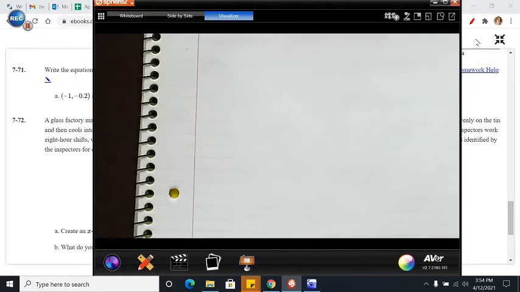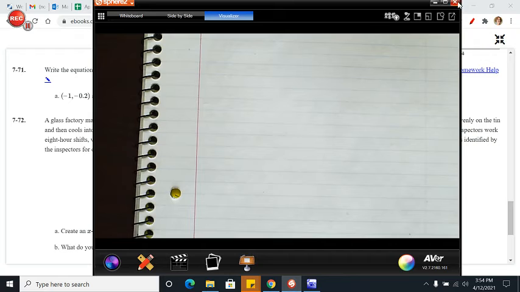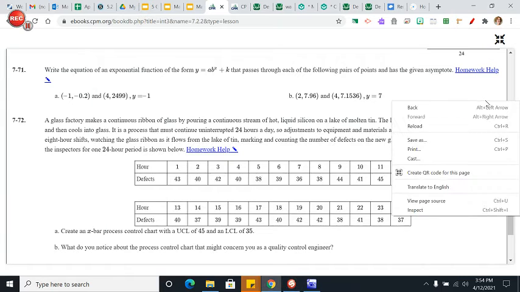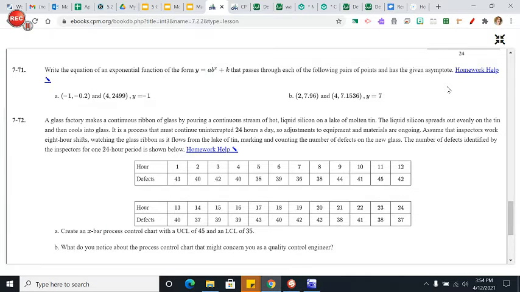So if I went too fast on that, or if you just need another one to practice with, because we probably haven't done a whole lot of this with the asymptote there. So you could try this next one and then just check and see if you've got it right.